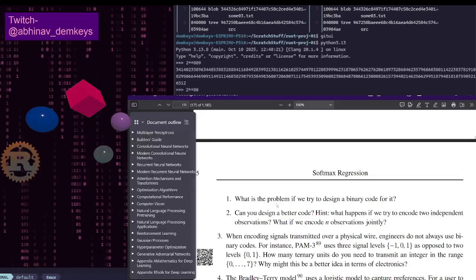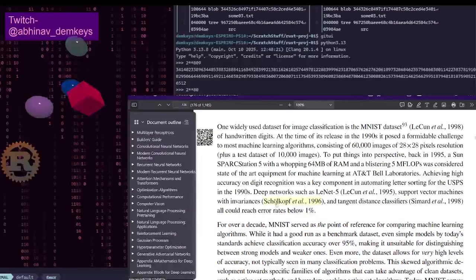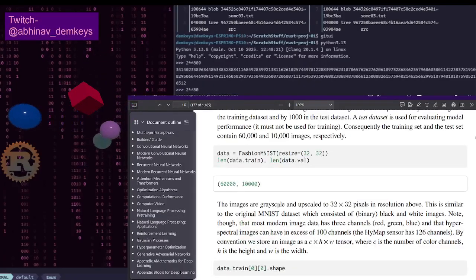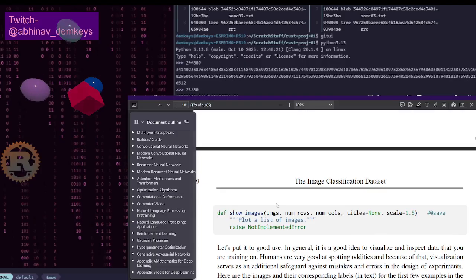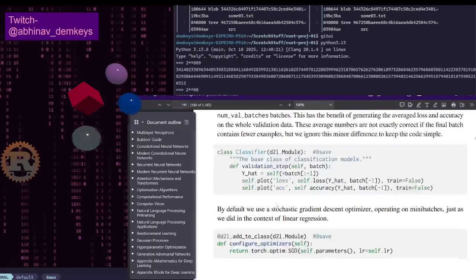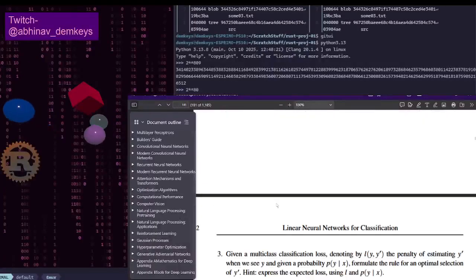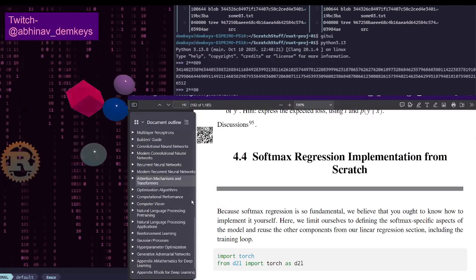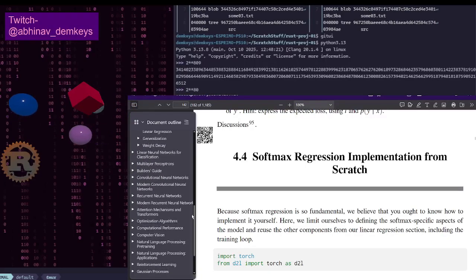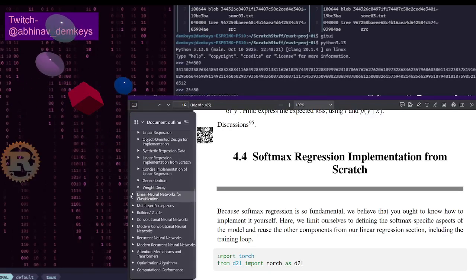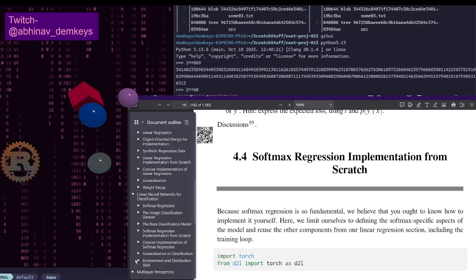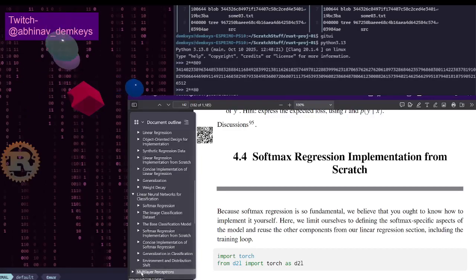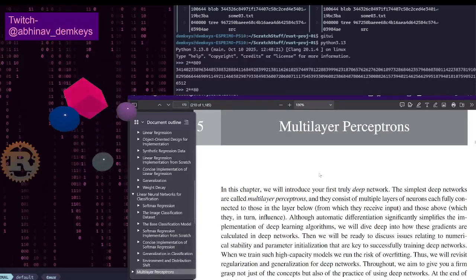Oh, there is a lot of information here. How much more is in this list? We are still here. There's still three more chapters left. Okay, so then it goes on to multi-layer perceptrons.